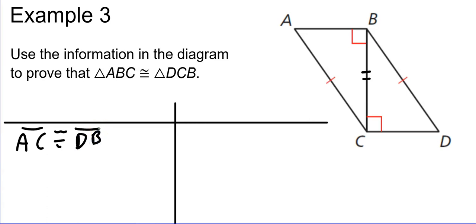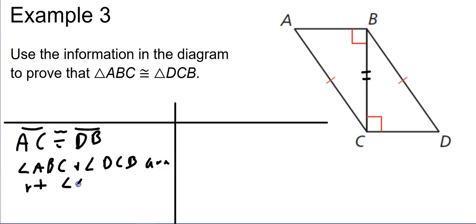And we're given that angle ABC and angle DCB are right angles. These are from the markings. And that's all given.